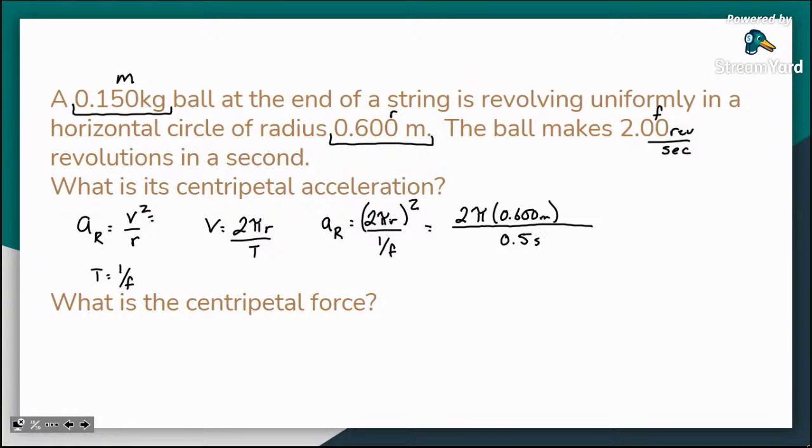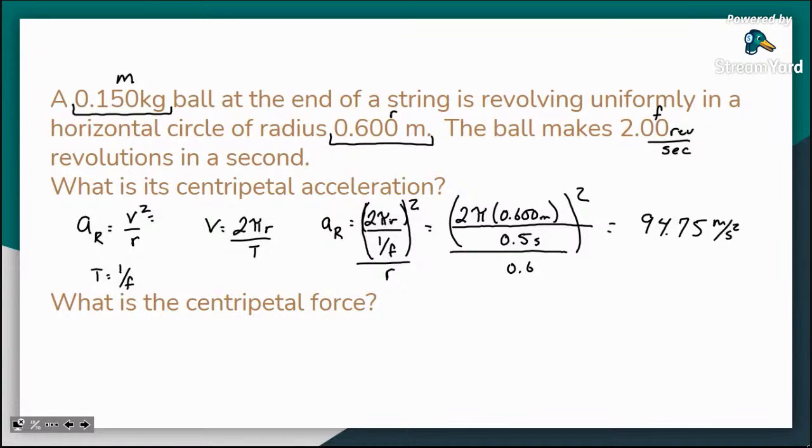And this is what I forgot in here, sorry. So this is squared, and I still have to divide by that radius. I knew something looked a little bit off. So my radius is 0.6, and then again, all of this gets squared. So when I plug that into the calculator, what I'm going to find is a centripetal acceleration of 94.75, and it comes out as meters per second squared.